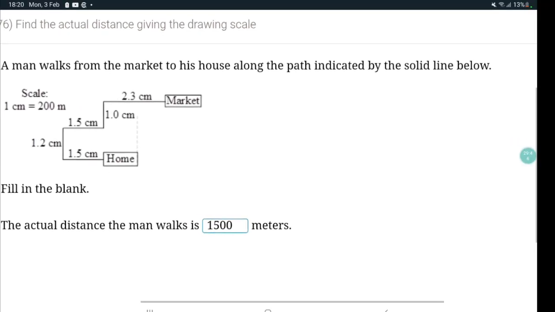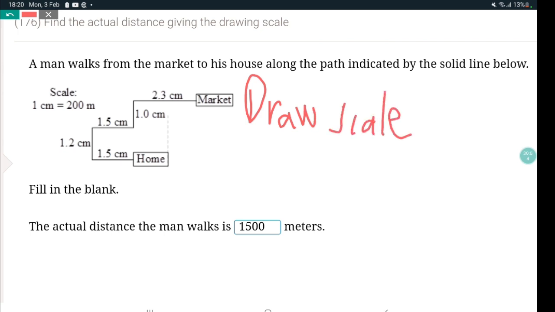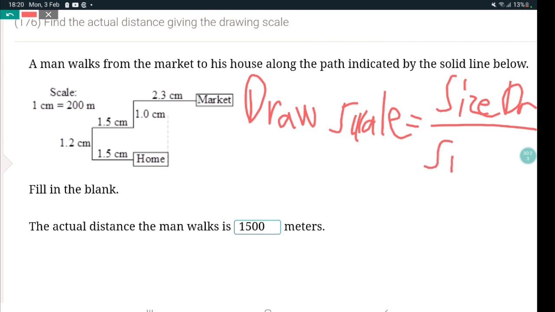Okay, so to start with this question, it's simple. Before we start, we need to know this rule. Drawing scale is equal to size on drawing over size in real life.